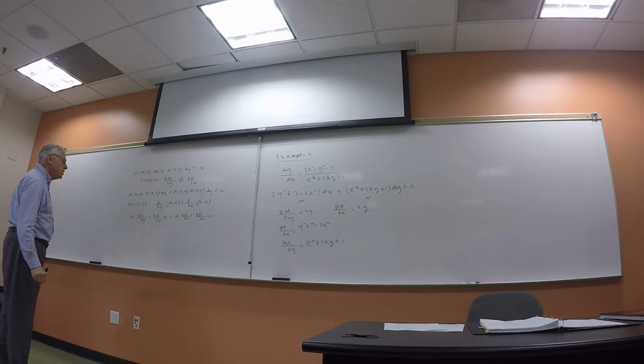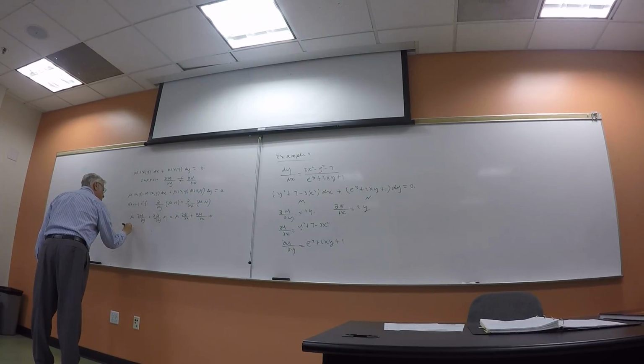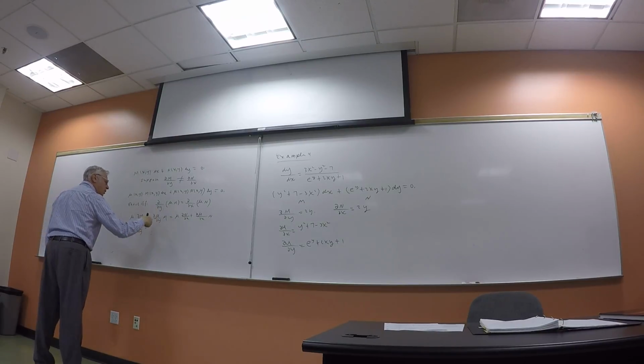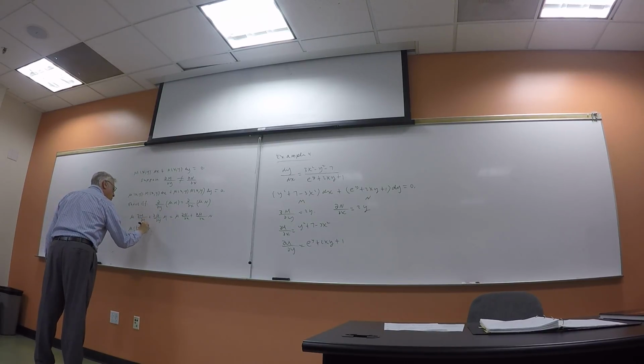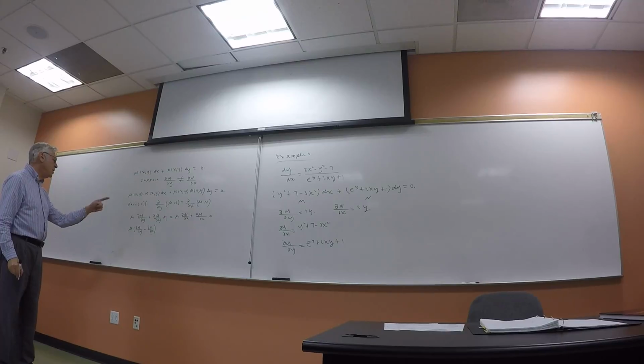Okay, let's bring all the mu stuff on one side. Okay, so mu, remember, is a function of x and y. I don't know it at this point. I got partial M partial y minus the partial of N with respect to x, times mu.